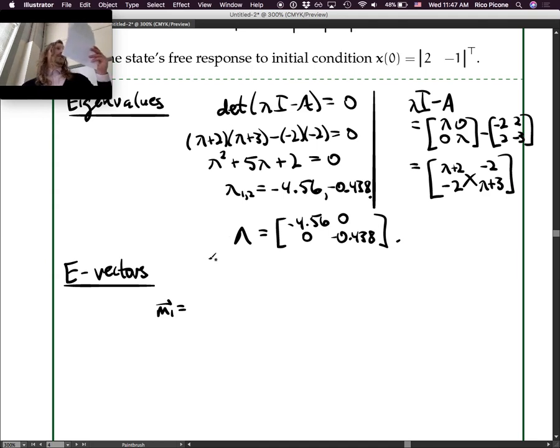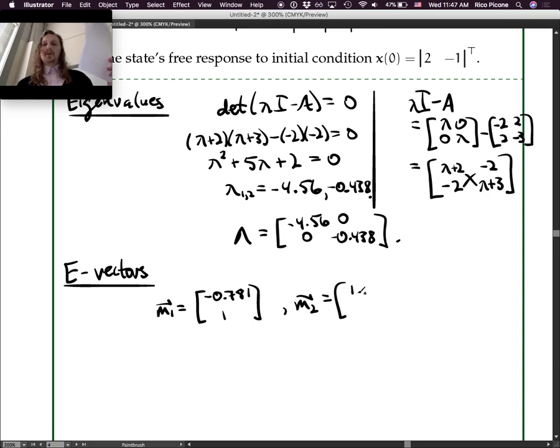M1 equals, if I can read my own writing, any scaling of negative 0.781, where obviously this is an approximation, and 1. And M2 is equal to 1.28 and 1. Any scaling of that.